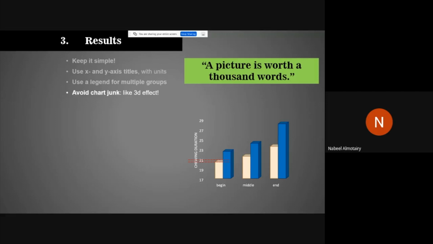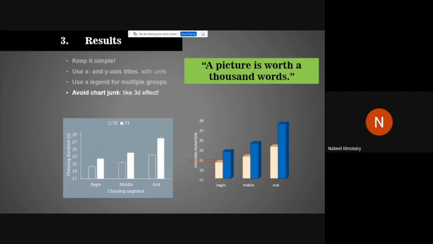And there is another problem for this figure. If you look closely, and if you transfer it to 2D, it will be much easier to read. But there is a problem with these two figures: they do not start from zero, they start from a higher number. And this gives the illusion that there are some differences between the measurements. So if you see this one, there is a big difference.